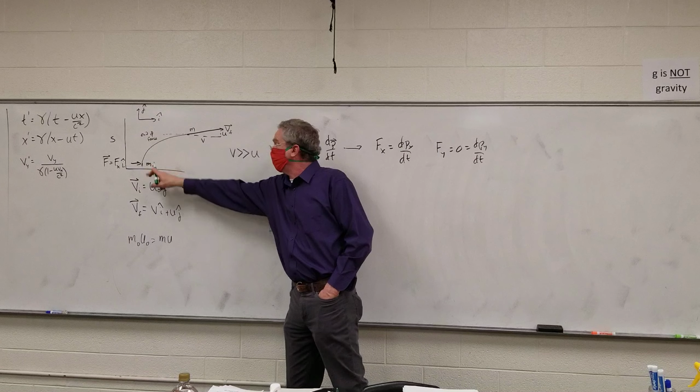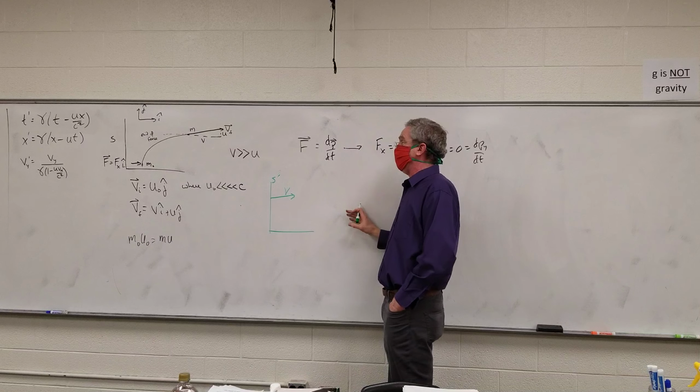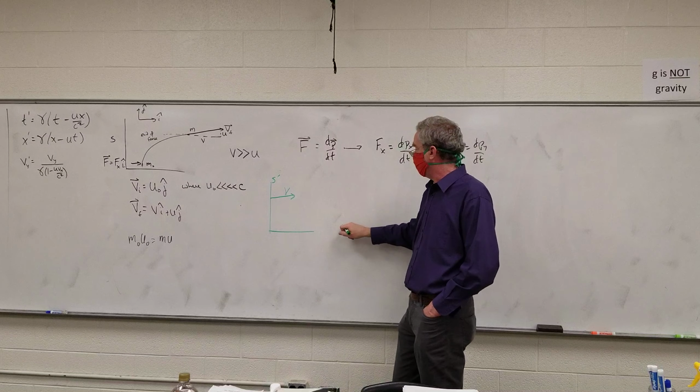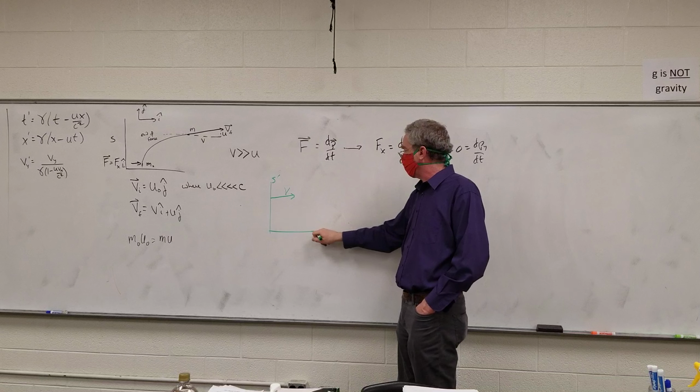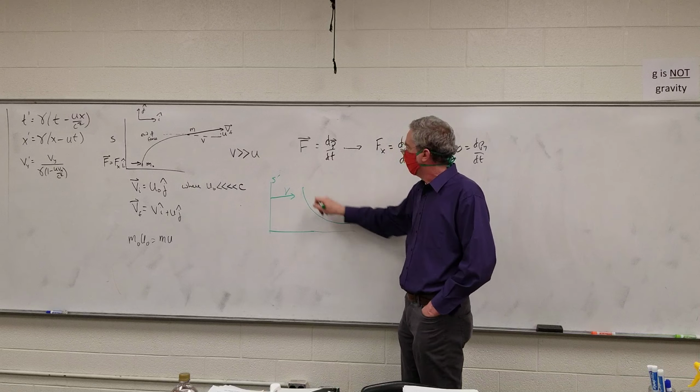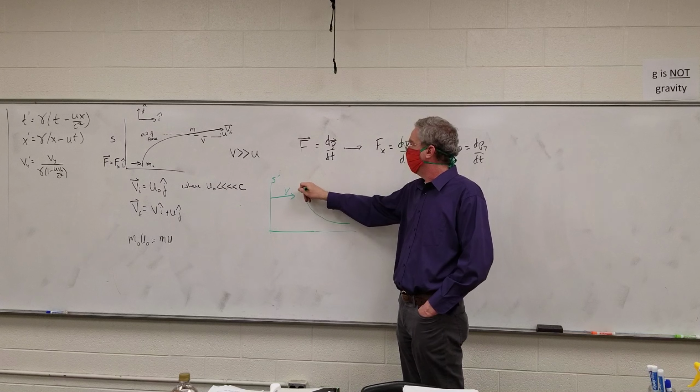But since it's starting out really slowly, it's going to start looking like it's heading towards the S prime frame. If we looked at it from the S prime frame point of view, the particle looks like it's doing this, where that's vertical at the end.